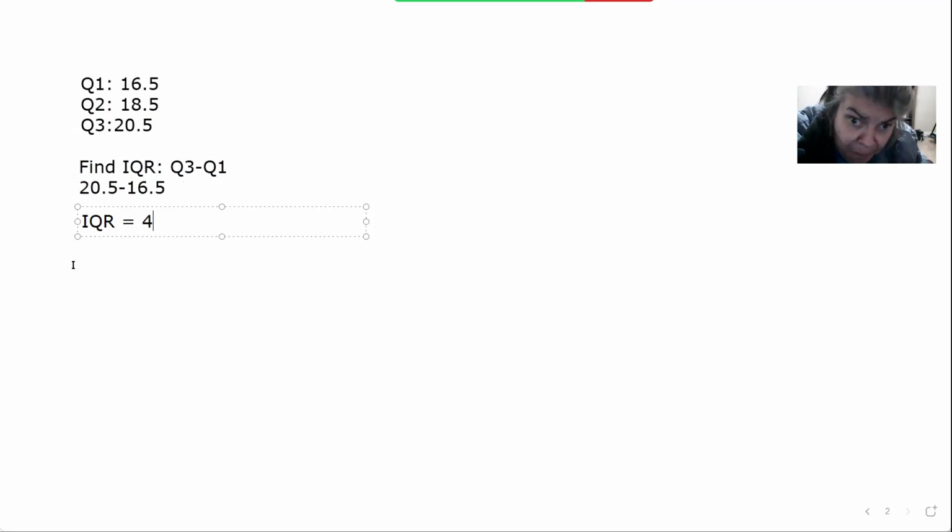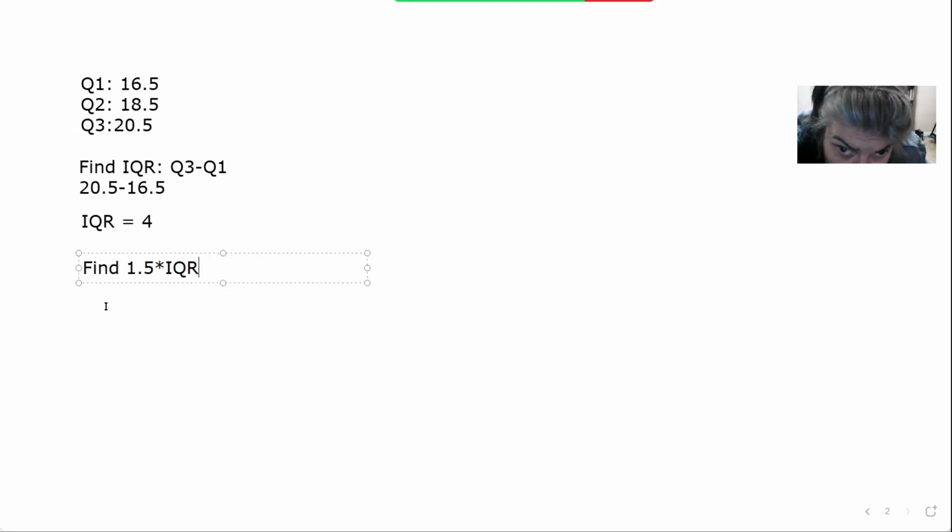The next step is to find the error term. So she doesn't give it a name, but we're going to find 1.5 times the IQR. Now we just calculated the IQR here.